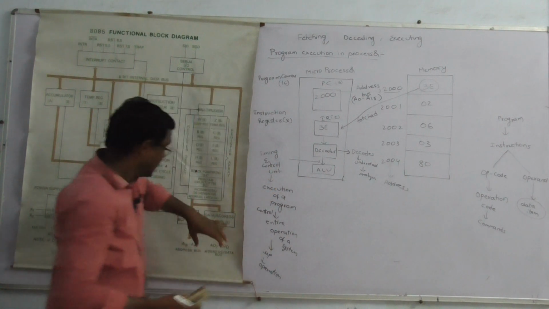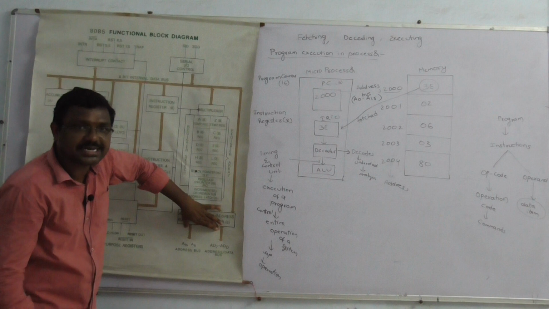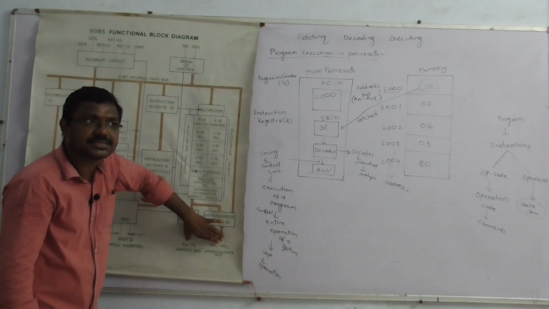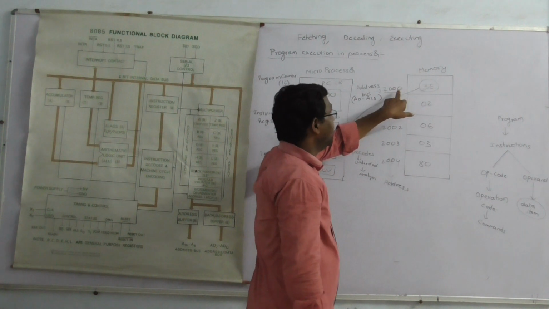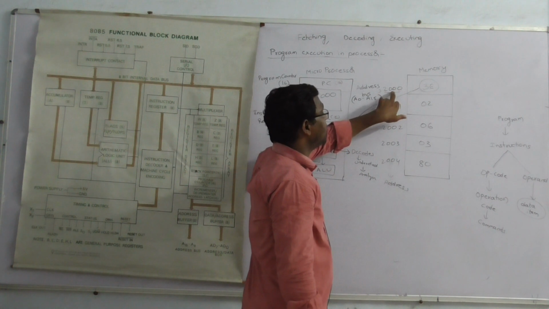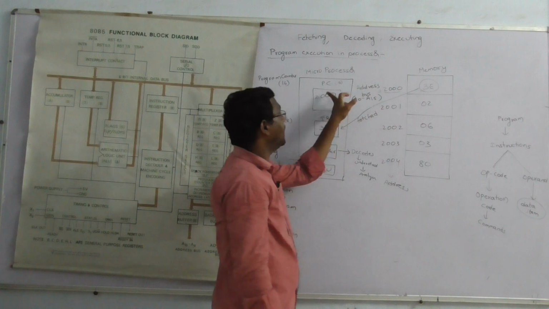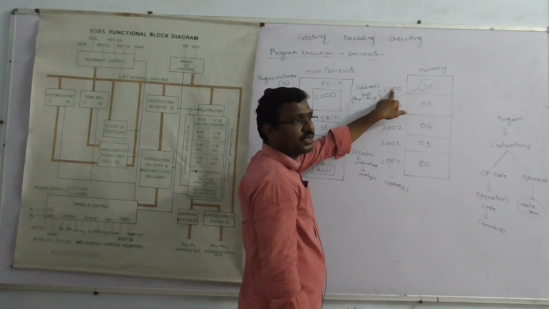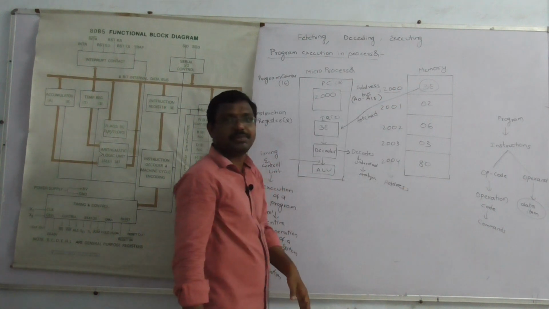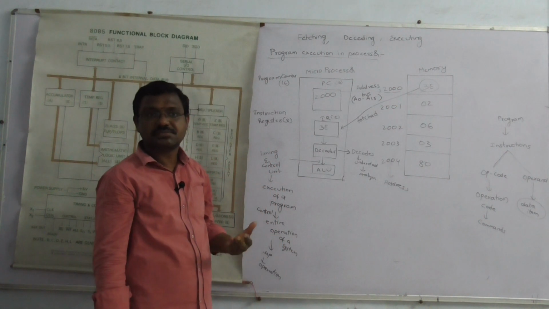The address bus sends the address to the memory, to find the particular address location. The memory consists of 65,536 memory locations.